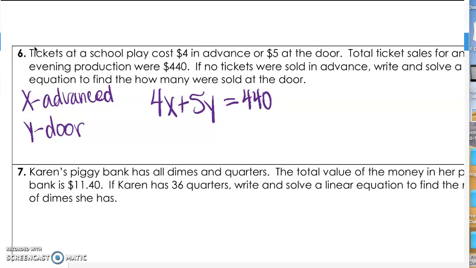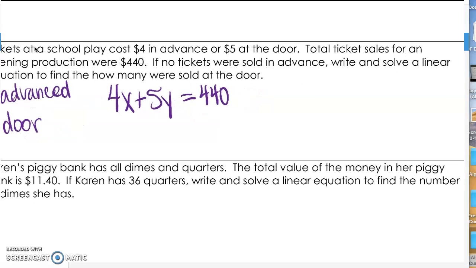So that's the first part. So now it says no tickets were sold in advance. So that means you're going to put a 0 in for x. So 4 times 0 plus 5y is equal to 440. Anything times 0 just goes away, so 5y equals 440.